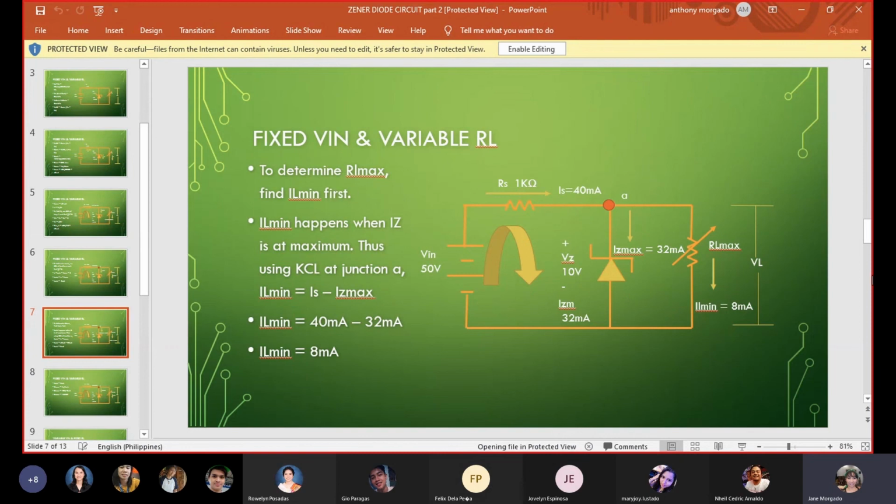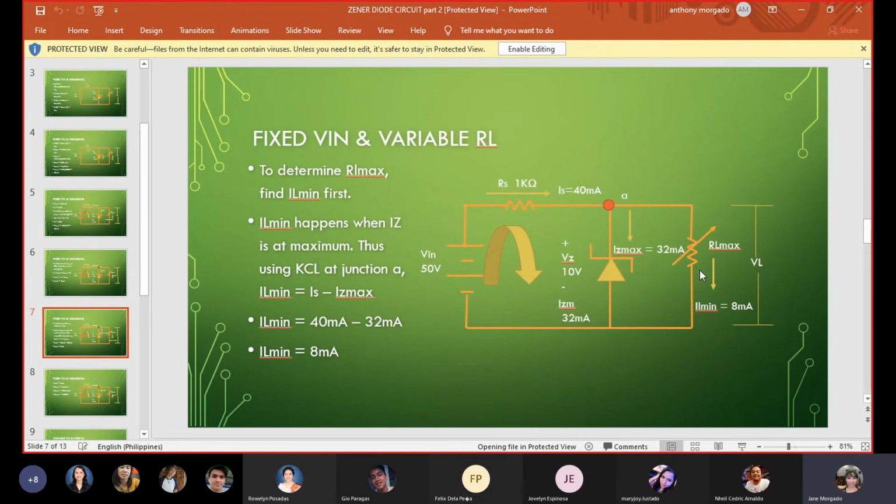So what is the maximum value of RL max such that you have to consider the IC max rating of 32 milliamperes. So this time the given is the IZM. Okay. So to determine RL max, we have to determine IL min first. So hanapin na muna natin yung minimum current flowing through RL max.